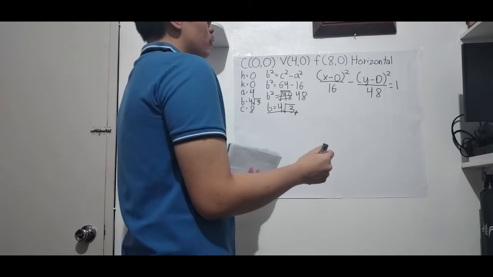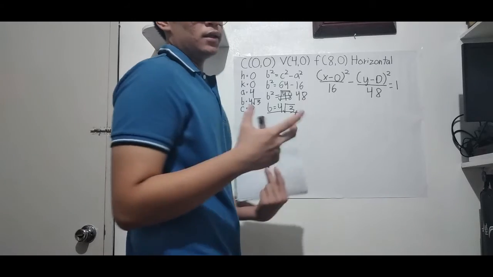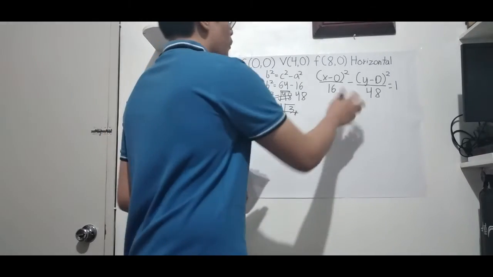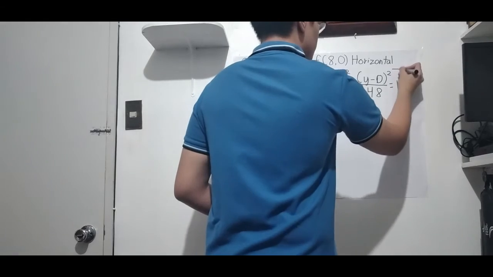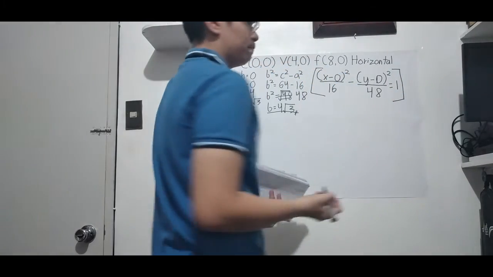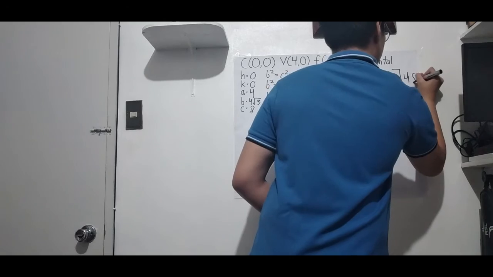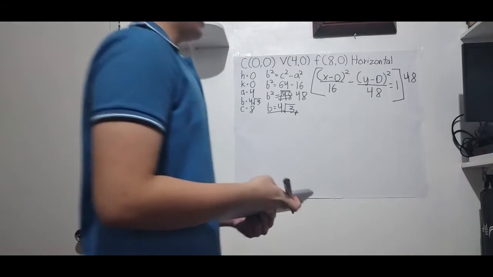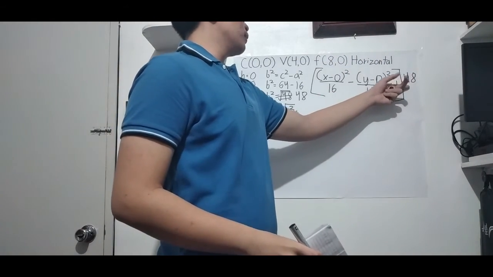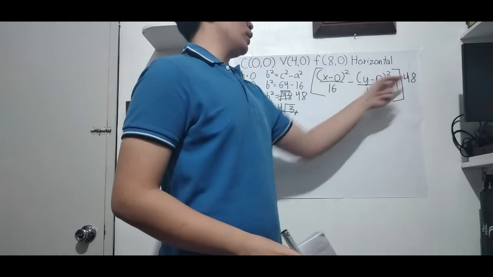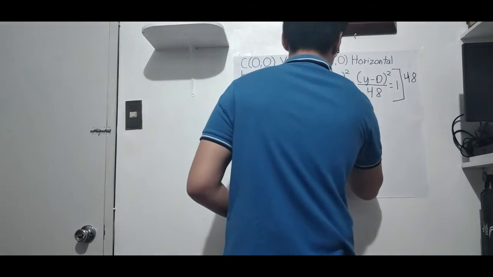Now, for us to continue to find the general equation, we have to find the LCD of the denominators. Our LCD would be 48. Now we simply divide 48 by 16, which gives us 3.